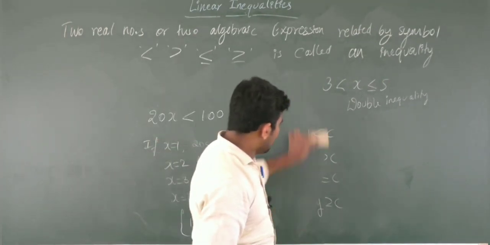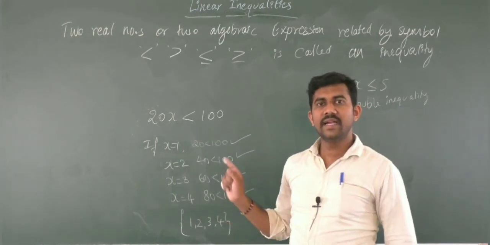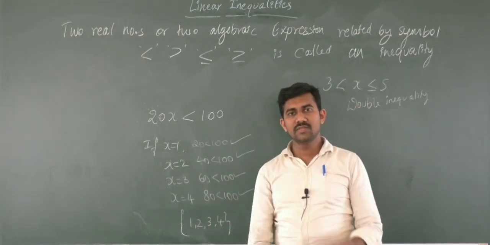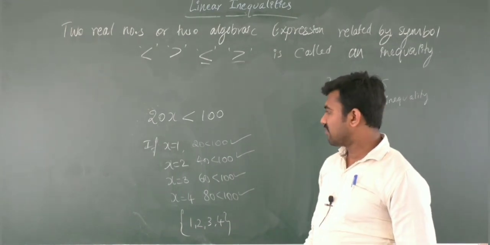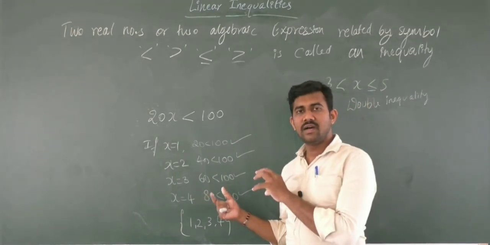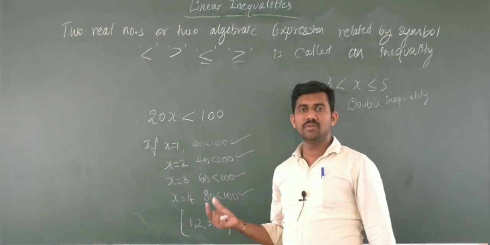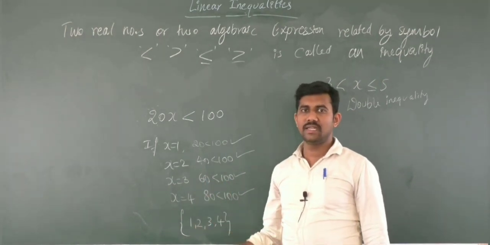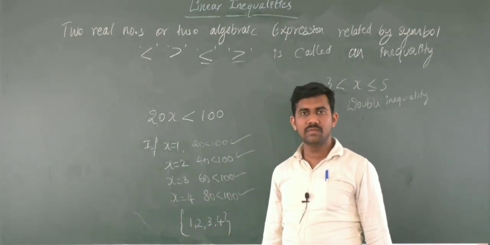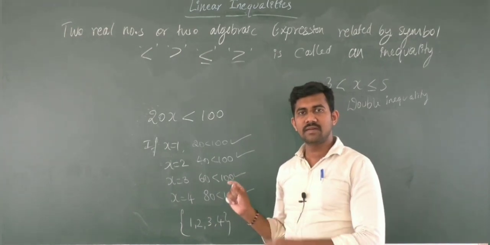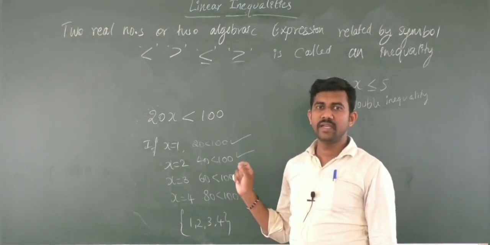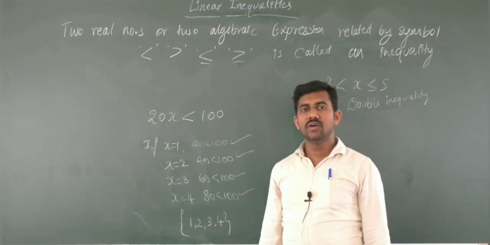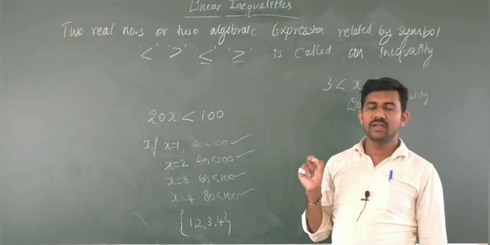Now, this is the trial and error method. By using the trial and error method, we can find a solution, but it takes some time to solve the given inequality, right? So here we use one method.